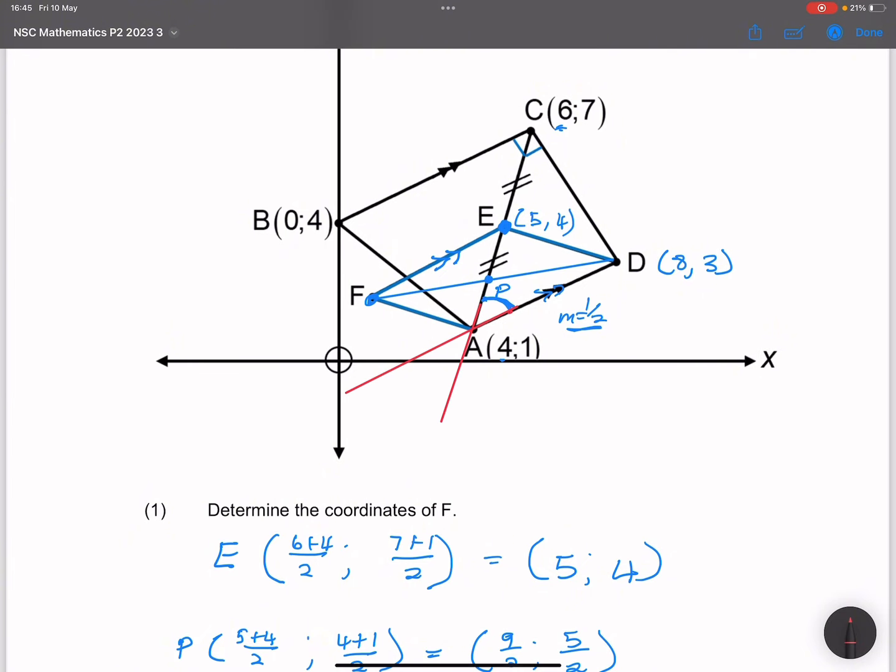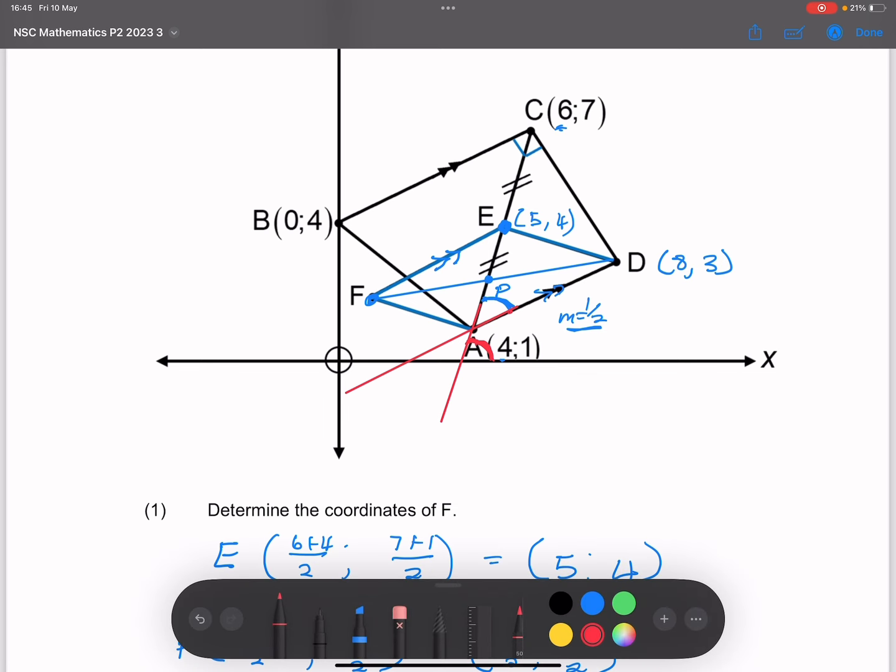if I can find the gradient of the line AC, I can work out that angle there in red, and I can also find the gradient of the line AD, which I already have, which is a half, and so that would give me this gradient here.